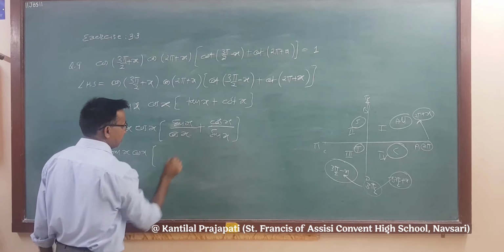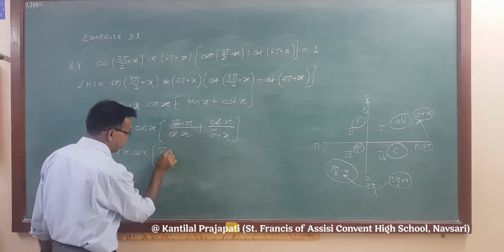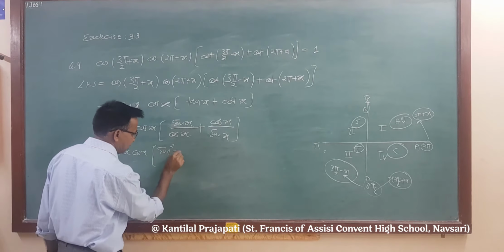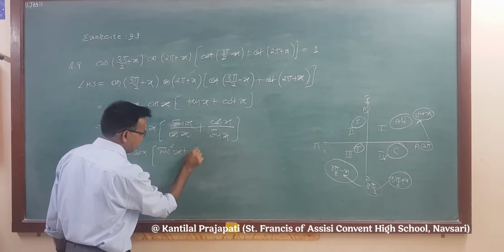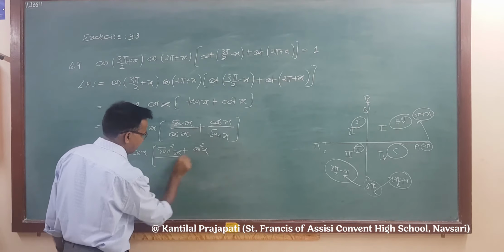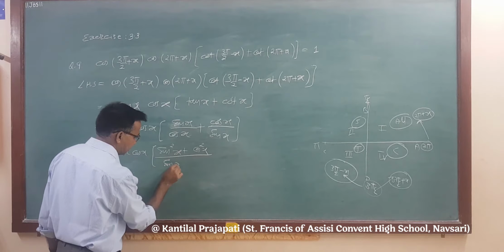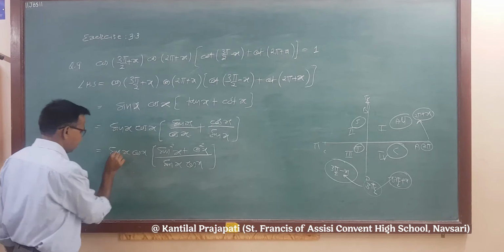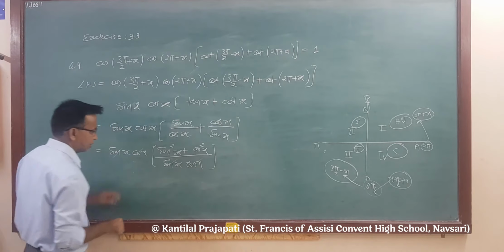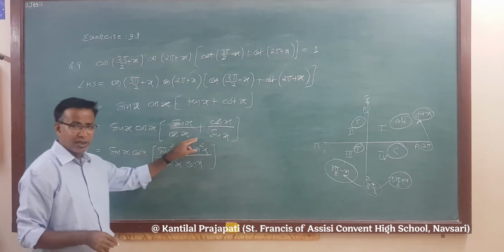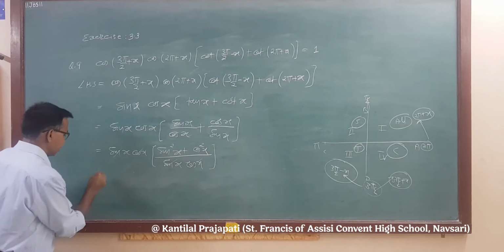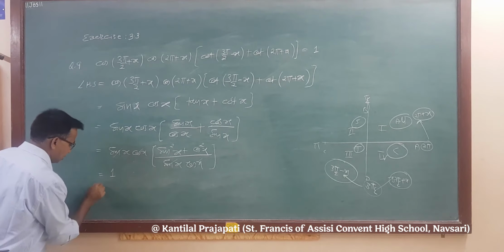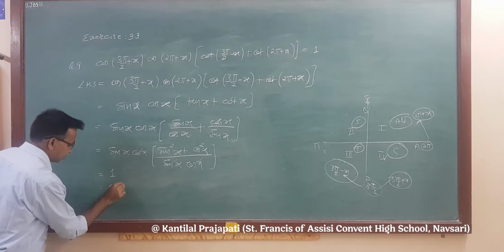The LCM is sin x into cos x. So sin square x plus cos square x, whole divided by sin x into cos x. Right? So this will cancel in the product. And sin square x plus cos square x is 1, identity, and this is equal to the RHS.